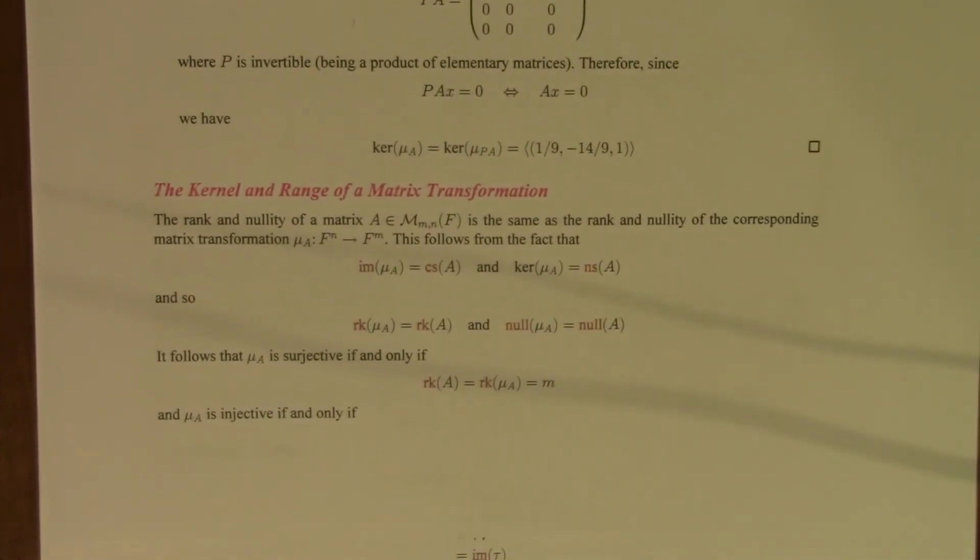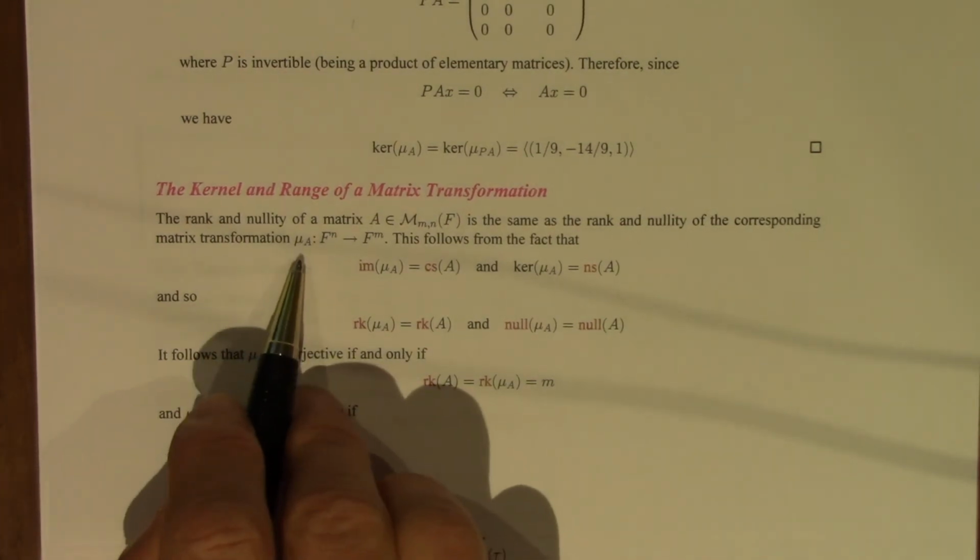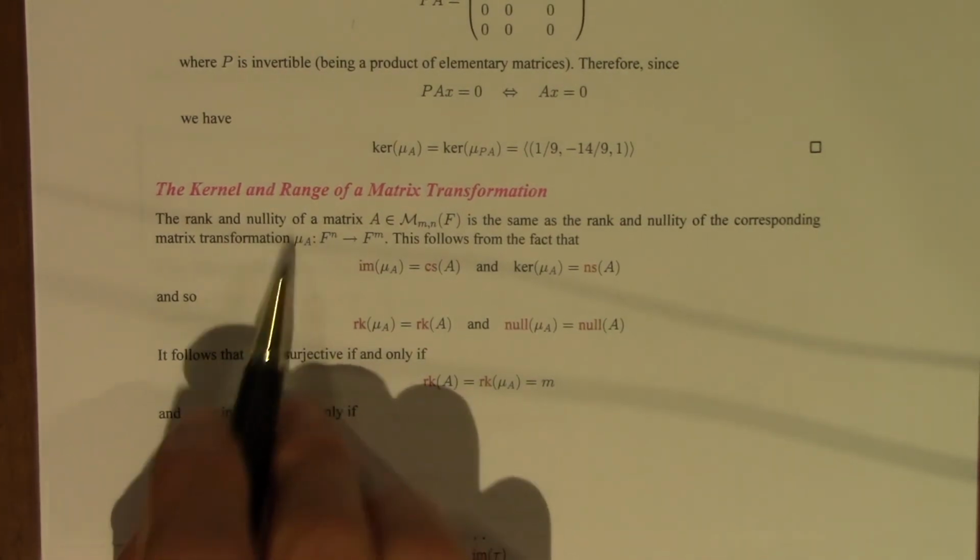We should also note that the concept of rank and nullity is defined directly for matrices. That's usually done in an elementary course. But it's also defined for linear maps, such as mu sub A, multiplication by a matrix.